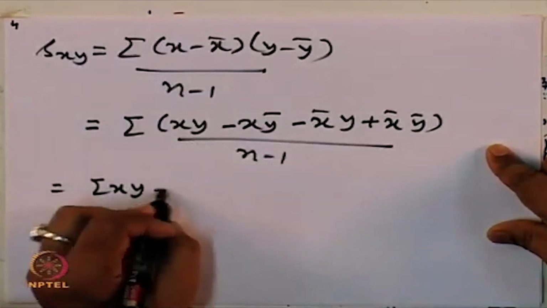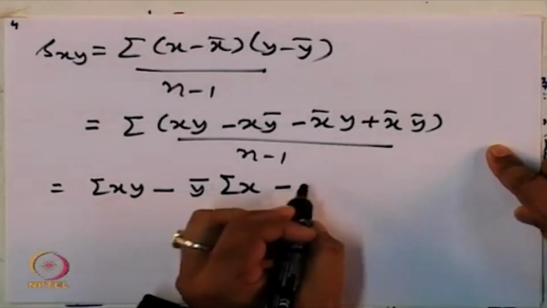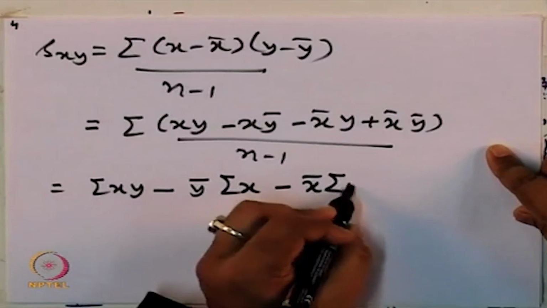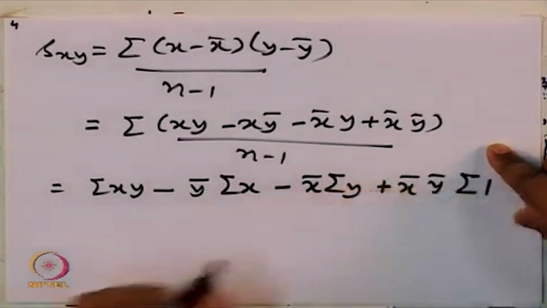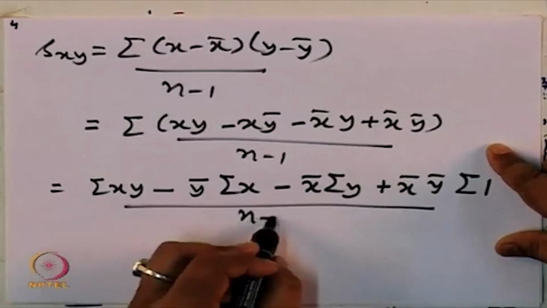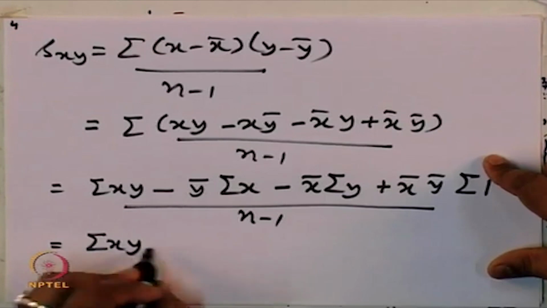That is summation xy minus, I can take y bar out, summation x, minus, I can take x bar out, summation y, plus x bar y bar summation 1, whole by n minus 1. So, this I can write as summation xy.